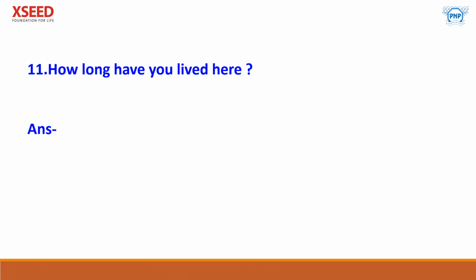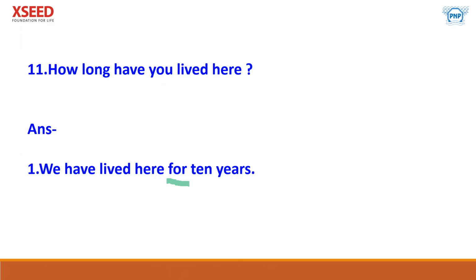Next one, how long have you lived here? In how many ways can we answer this question? We can answer this question using present perfect in two ways, by using for and since. How? We have lived here for 10 years, and we have lived here since 2010.